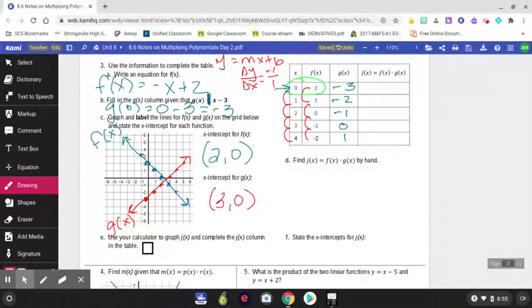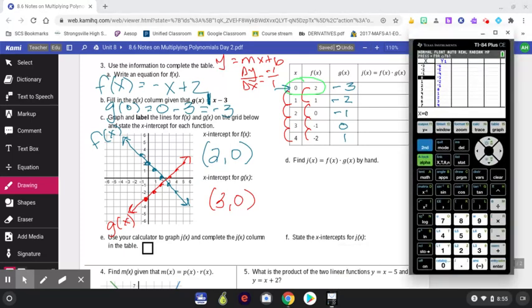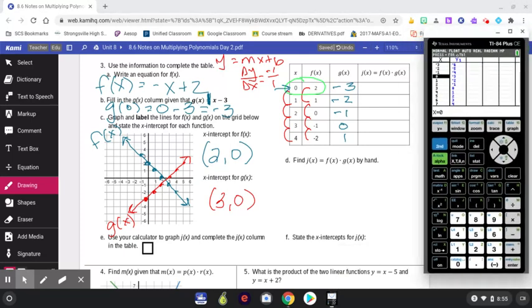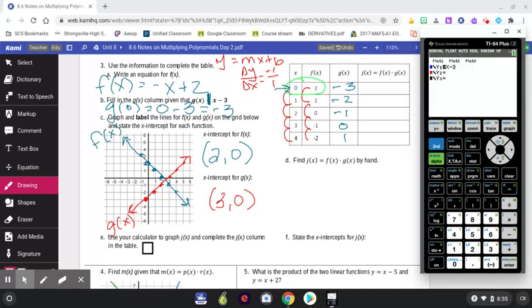It says use your calculator to graph j of x and complete the j of x column in the table, all right? And so j of x, it says f of x times g of x, right? So we're going to do that same thing that we did on the front side, where you would type in that product to start. So that f function, negative x plus 2, okay, times that g function, which was given, that's x minus 3.